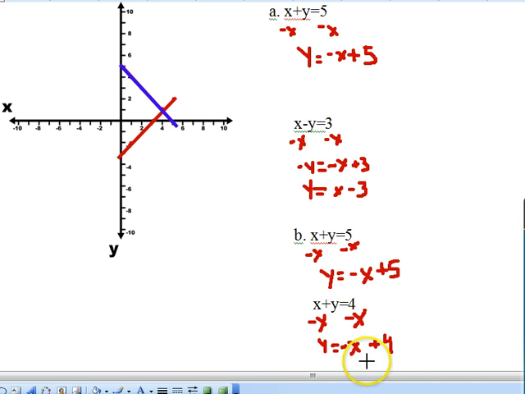And then this one intersects at positive 4. Okay, and then the slope is negative 1 over 1. So we're going to go down 1 over 1, down 1 over 1, down 1 over 1.